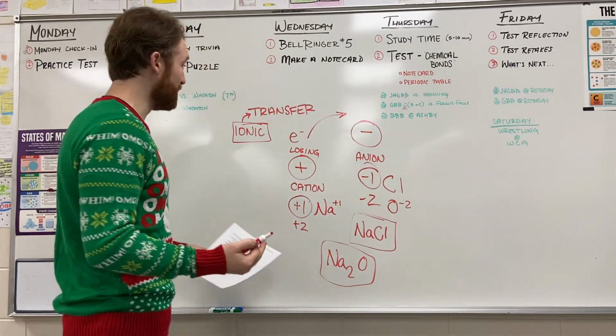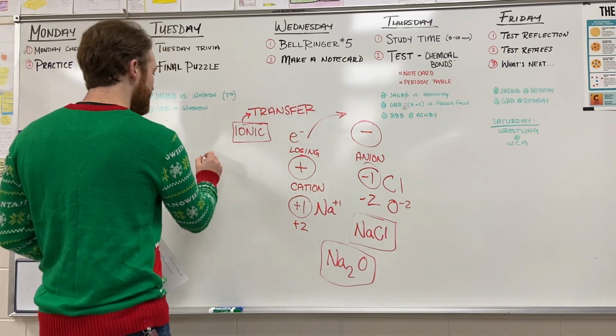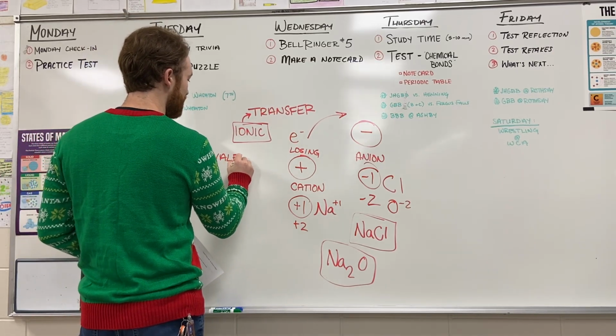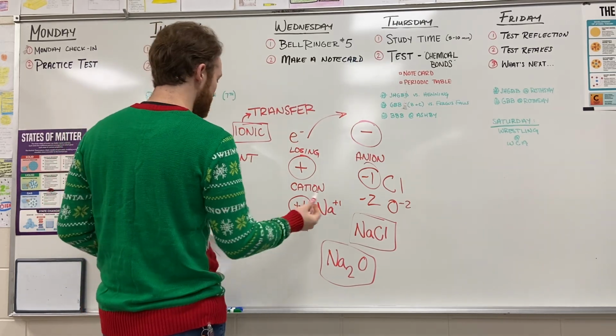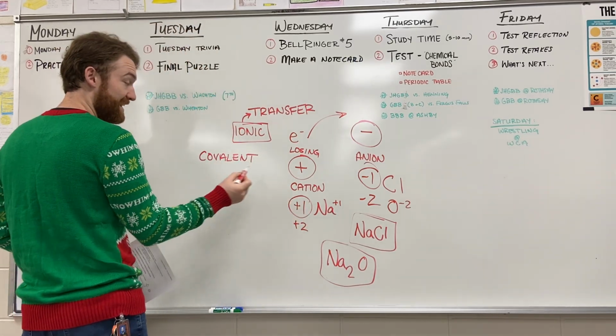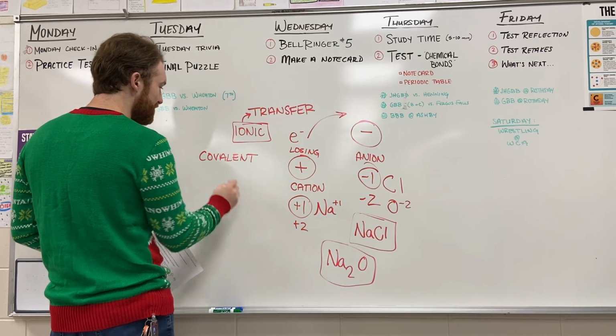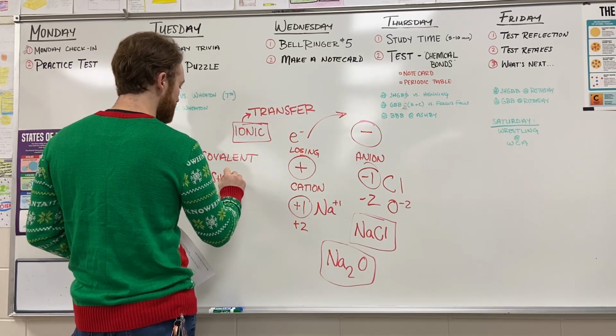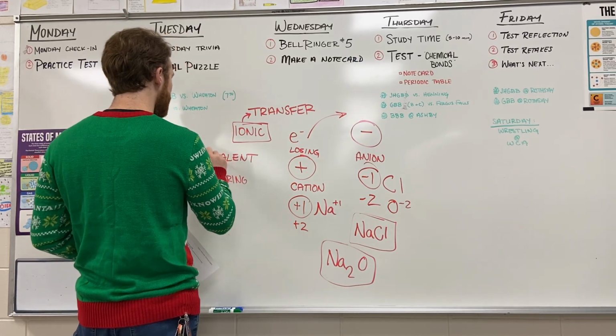The other type of bond we had was a covalent bond. Now, covalent bonds, we're not transferring those electrons. Covalent bonds were when we were drawing those Lewis dot diagrams and connecting the dots. We weren't transferring the electrons, we were sharing them. Sharing is covalent, sharing is caring.